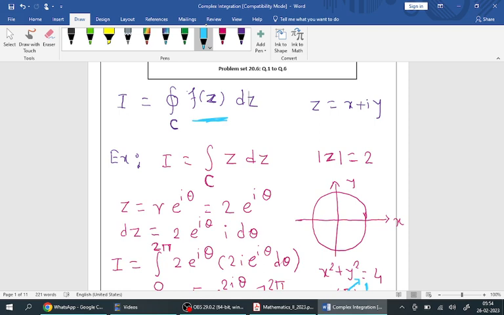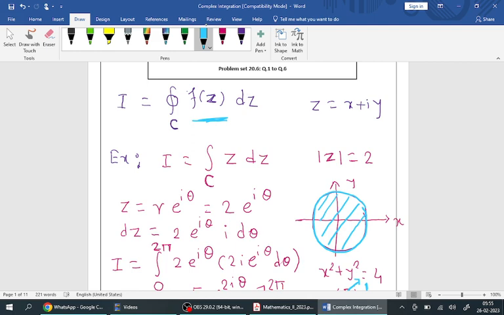If f of z is a differentiable function on and within the boundary, so this is the circle, on the boundary of the circle and within the boundary, this region, then the value of the integral is always 0. So there is no need of any calculation.